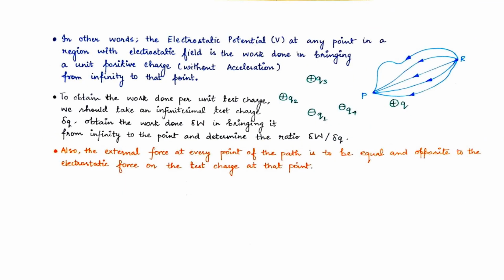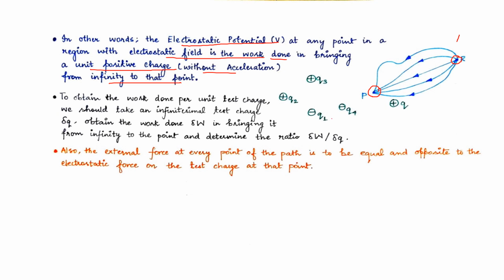In other words, the electrostatic potential V at any point in a region with electrostatic field is the work done in bringing the unit positive charge without acceleration from infinity to that point. Now see the diagram. This is our R position, this is our P position, and we are bringing our test charge from these positions.